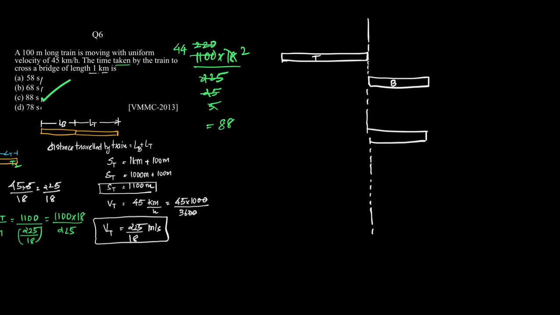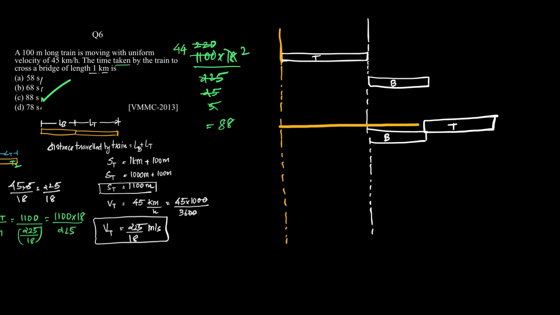After crossing, what happens is the bridge is stationary, but the train has now moved past the bridge, right? So this is the train. If you analyze the initial position of train, it was here, and the train has moved this far. So the train has moved this much distance.